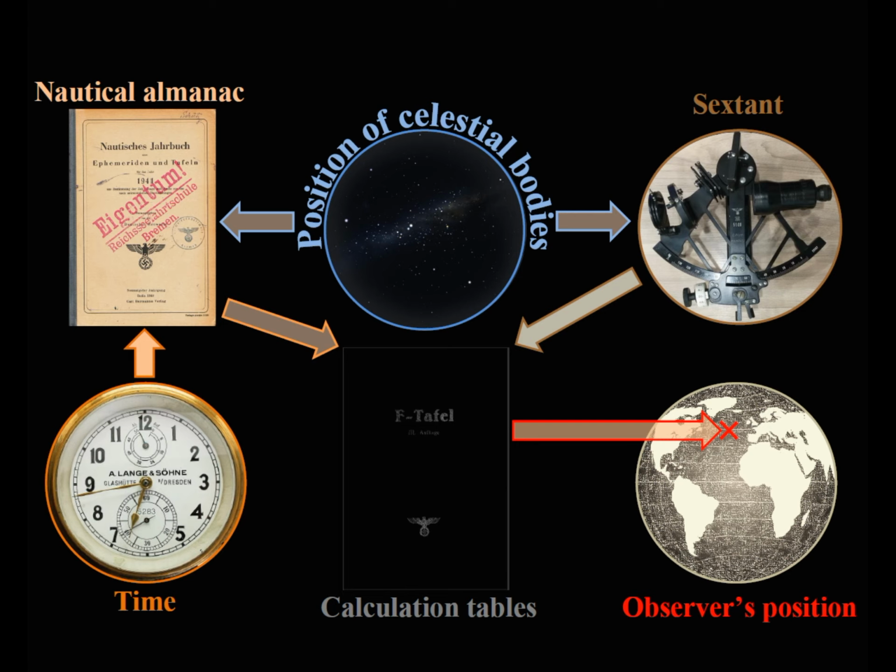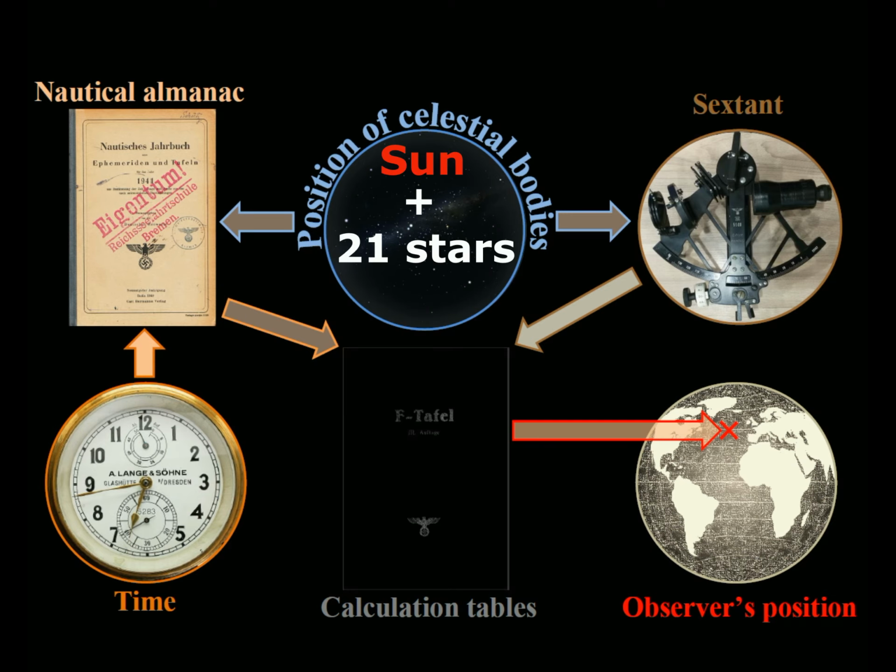These tables contain information on the Sun and 21 navigational stars for the period 1939 to 1945. For celestial navigation, first of all, it is necessary to learn how to find and accurately determine the navigational stars. Let's start learning it right now.